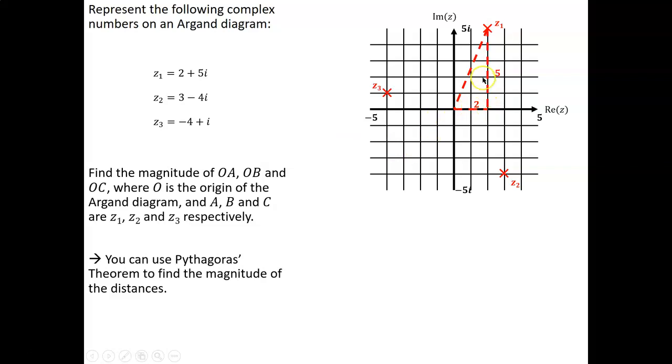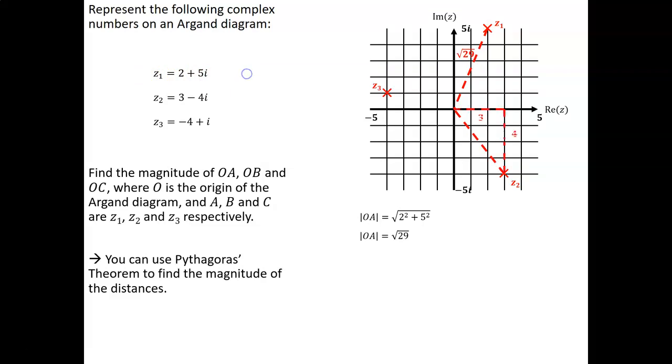I go 2 across and 5 up, so the magnitude of OA is the square root of 2 squared plus 5 squared. I can simplify that to the square root of 29, which I can't simplify any further. So root 29 is the magnitude of the complex number 2 plus 5i.